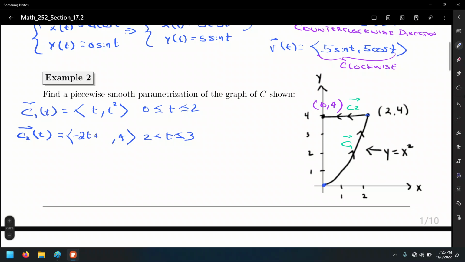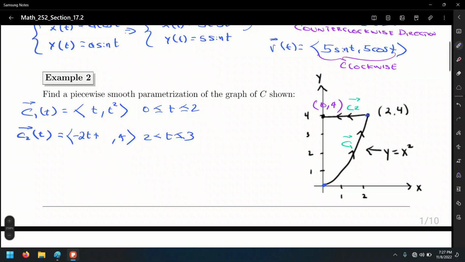Plus 3. Okay, let's see if 3 works. So 2 times negative 2, that's negative 4, plus 3, that's going to give me only a negative 1. I need a 2 in this case.